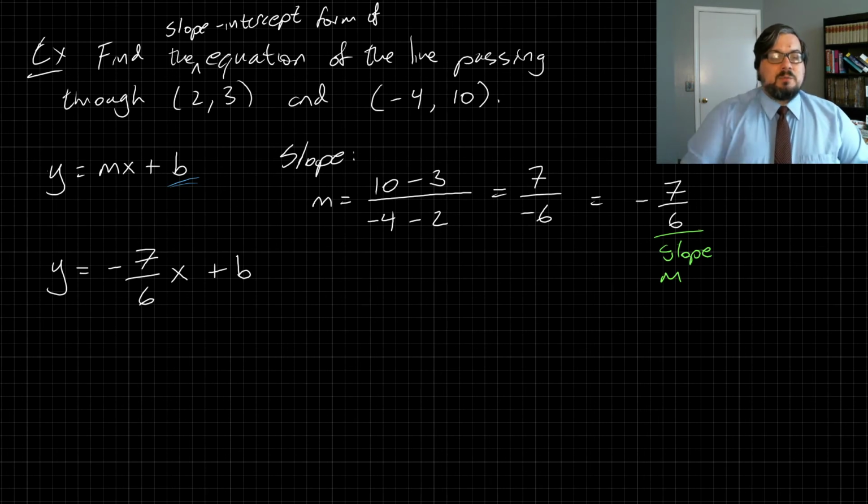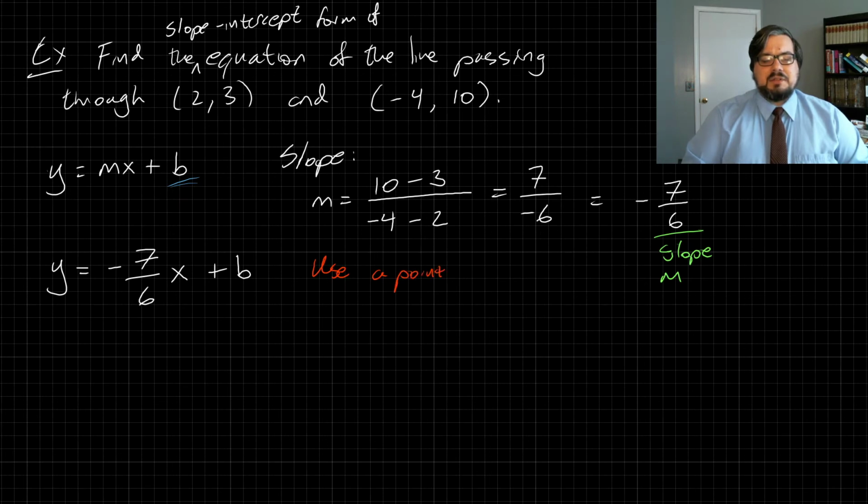So at this point, what we want to do is to use a point that we already know is on the line. We want to plug it into the partially formed equation that we have right now, and then solve for b.